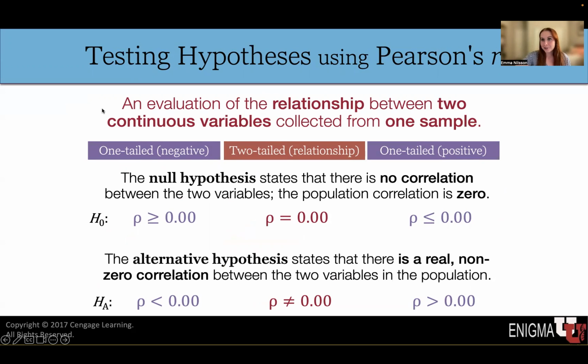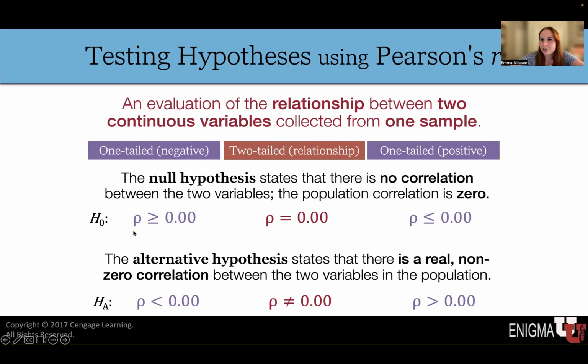As a reminder, correlation is an evaluation of the relationship between two continuous variables collected from one sample. Just like in the other hypothesis tests we've learned, you can have either a two-tailed or a one-tailed hypothesis. In all of these cases, the null hypothesis states that there's no correlation between the variables. The population correlation is going to be 0.